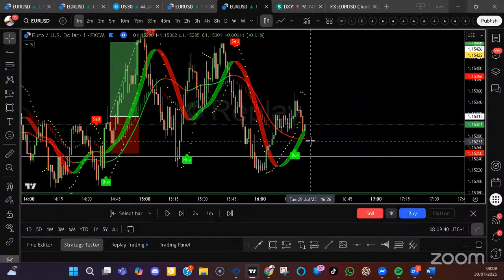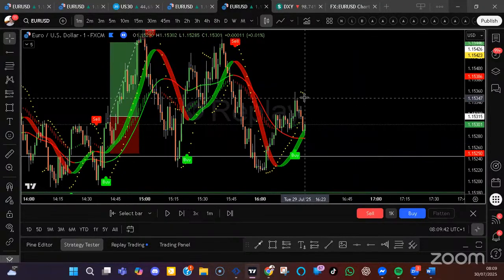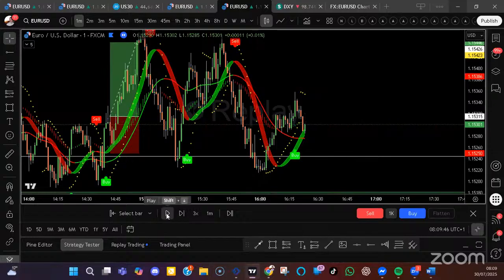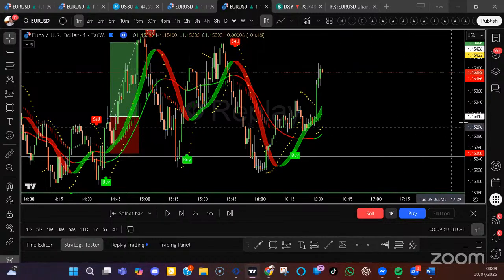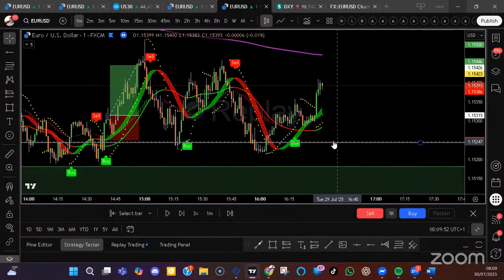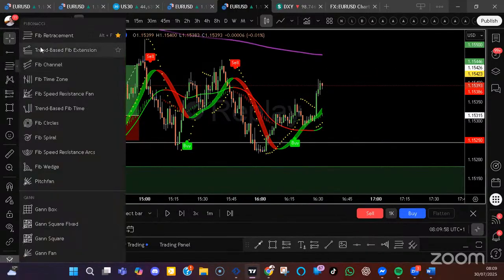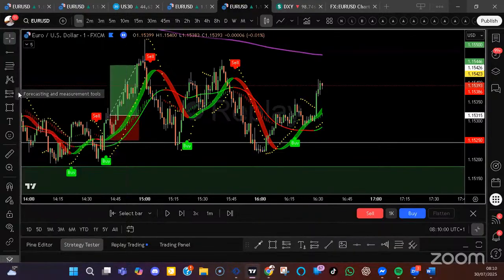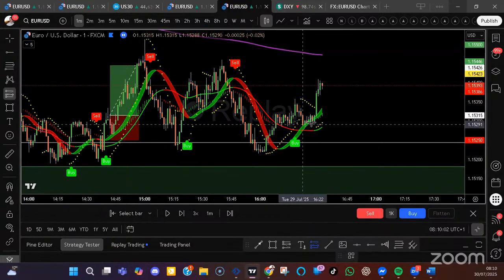We haven't got the green trend line yet, and the parabolic SAR is above price, so we wouldn't be getting into this yet. And indeed, the trend line turned green. So we have a chance to get in. Long position.